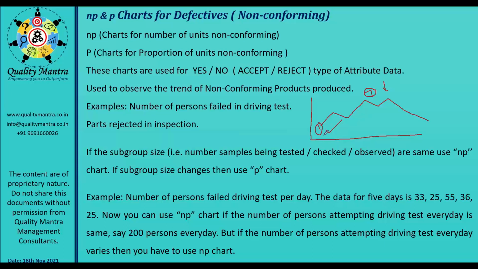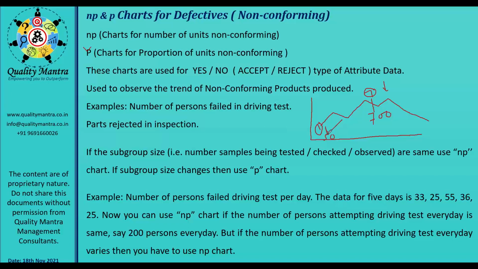So now in such cases you need to use the P chart, the chart for proportion, because you don't know. For example, here the number of parts was 50 and here the number of parts was 700. Now you tell me, 7 out of 700 is better or 1 out of 50 is better?